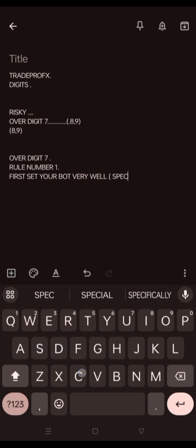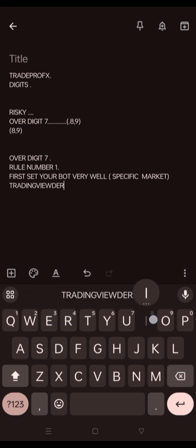After you have identified the market you want to trade, you set the bot very well with that specific market that you want to trade. And where will we be checking the entries? We will be using the TradingView Deriv. So this is where I want us to do our analysis.